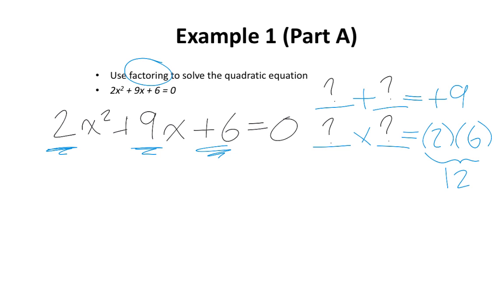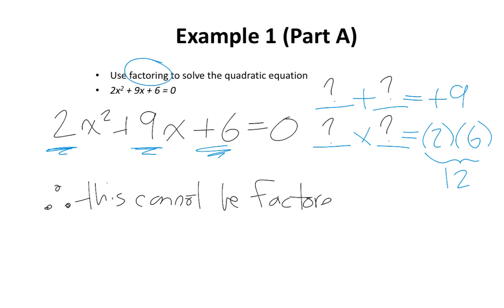Therefore, you're going to have to conclude that this cannot be factored. However, there is another tool that you can use to find the values of x when y is equal to 0. You can use the quadratic formula.